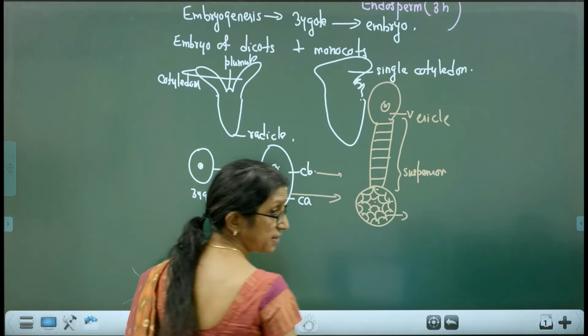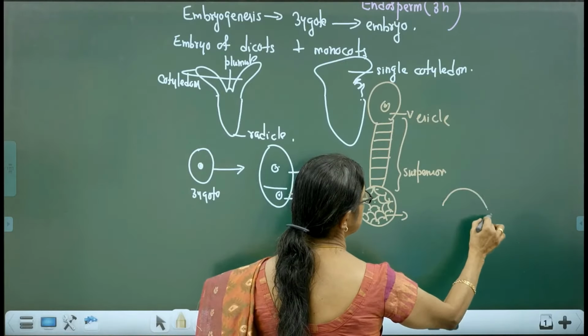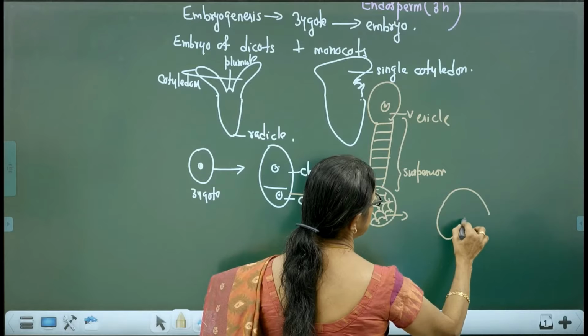Now we can see the globular proembryo getting converted into a heart-shaped structure like this.